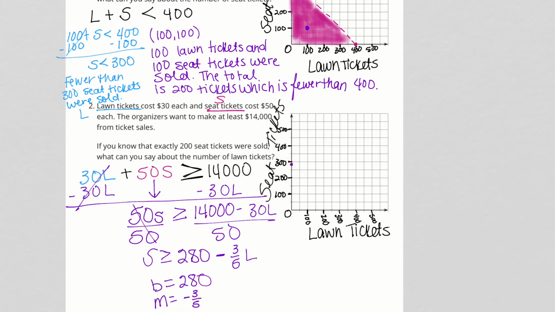Down 3, so we're just going to go approximately. We're going to go down 1, 2, 3, and to the right, 1, 2, 3, 4, 5. So I'm going to put my point there. Let me double check that I did that right. 1, 2, 3, 1, 2, 3, 4, 5. So somewhere about there. And then we're going to connect those points.